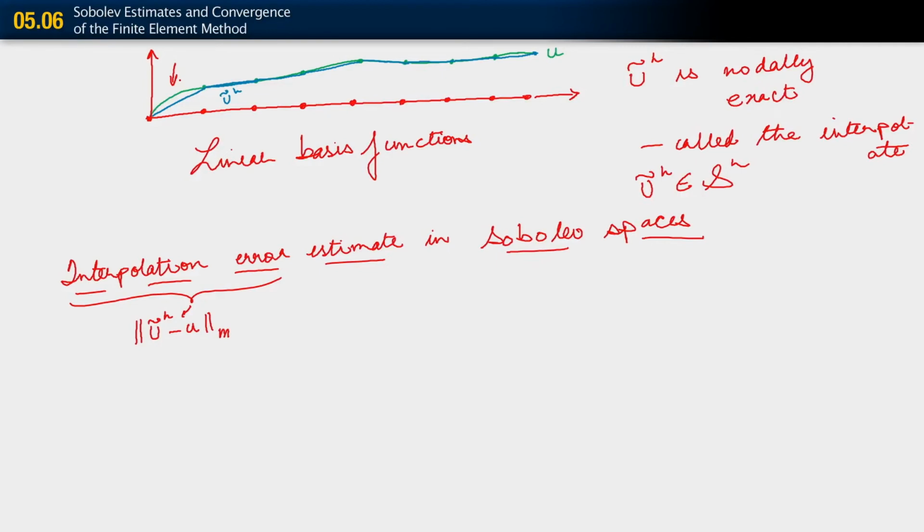Okay, all right. So the Sobolev estimate here, and I'm just going to state it, we're not going to prove it, is the following. It is that this interpolation error estimate is bounded from above by C, a constant, h_e, our element size.